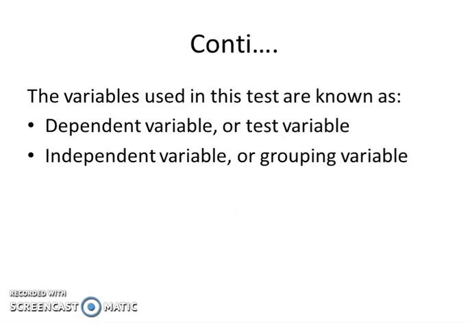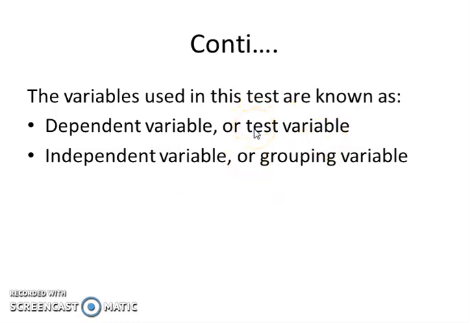As I have already explained, we compare the mean of one variable based on the categories of another variable. That means in case of independent sample t-test, there are two variables: one is your test variable, second is your grouping variable.